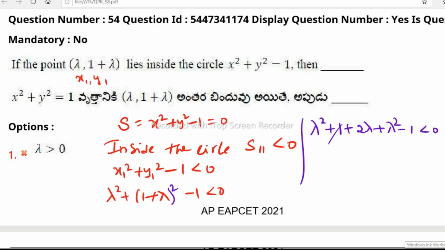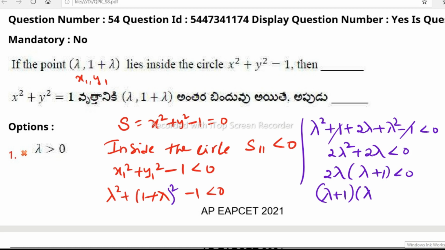Plus 1 minus 1 cancel, that is 2 lambda square plus 2 lambda is less than 0. We can take 2 lambda common: 2 lambda (lambda plus 1) is less than 0. The 2 also cancels. Therefore (lambda plus 1) into (lambda minus 0) is less than 0.